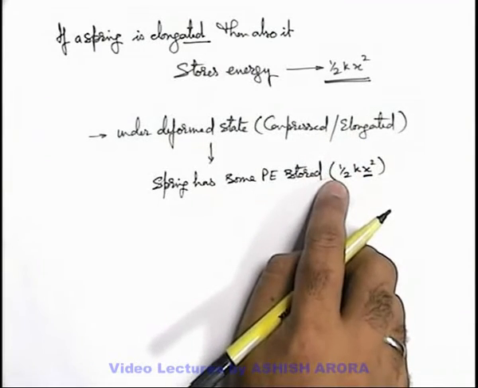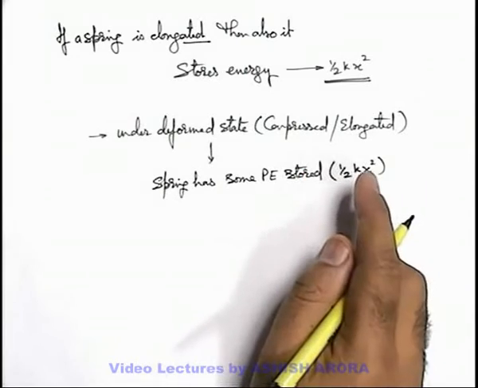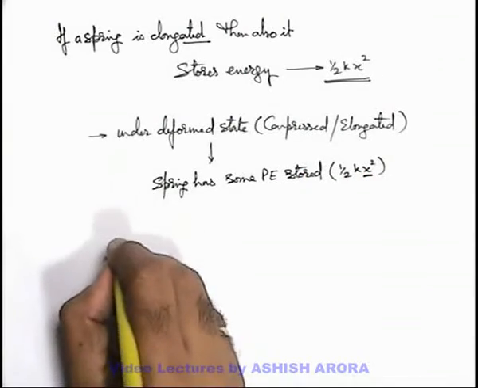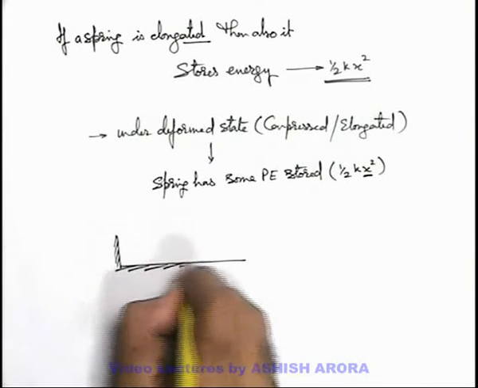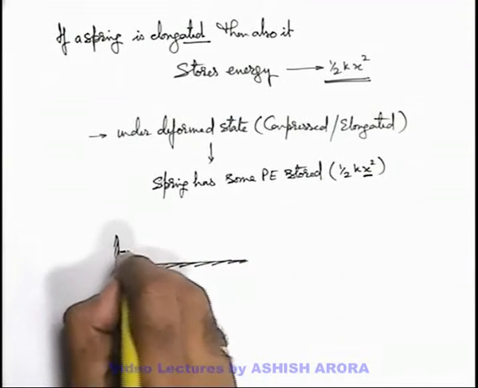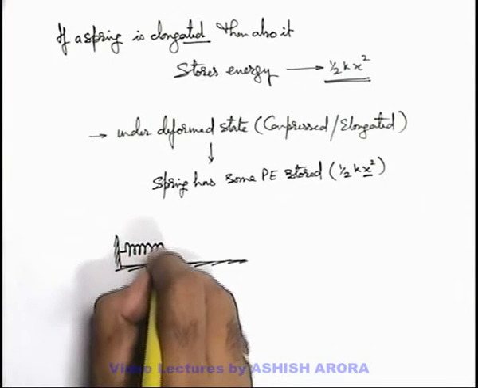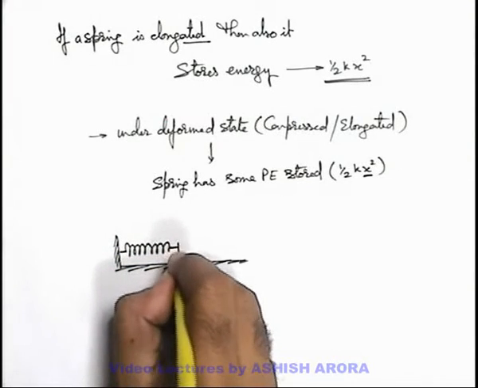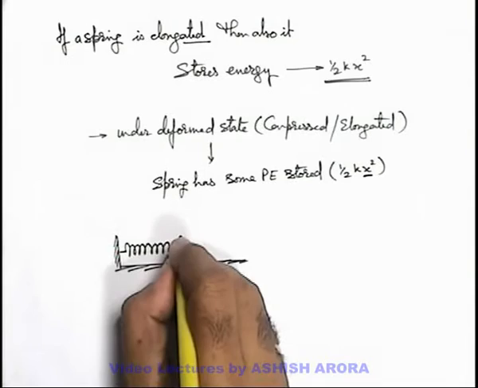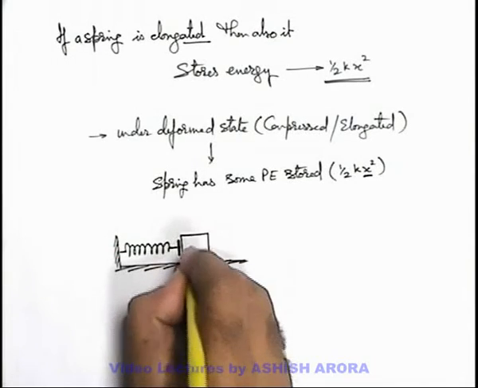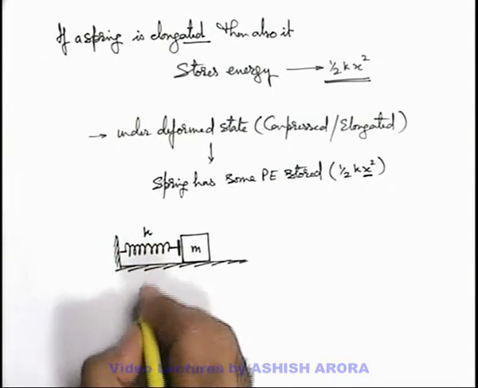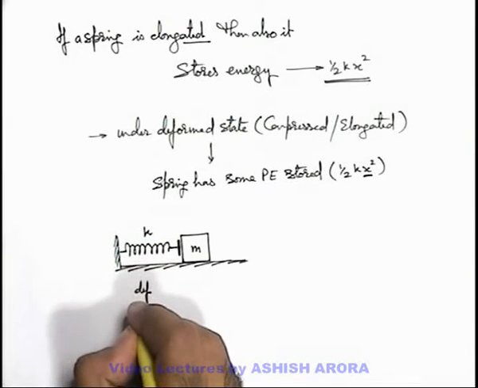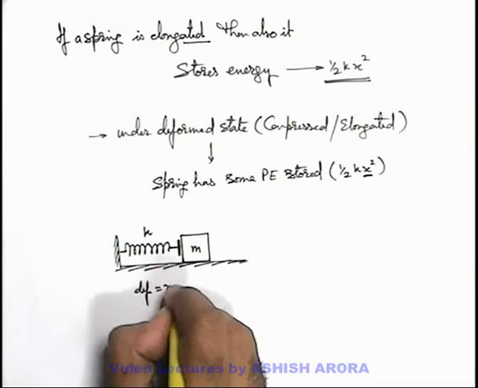Using this energy, the spring can also do work on other objects. For example, say there is a spring of which one end is connected to a wall, and we compressed the spring by deformation x. On the free end we place a block of mass m. Say the spring has force constant k and its deformation is equal to x.